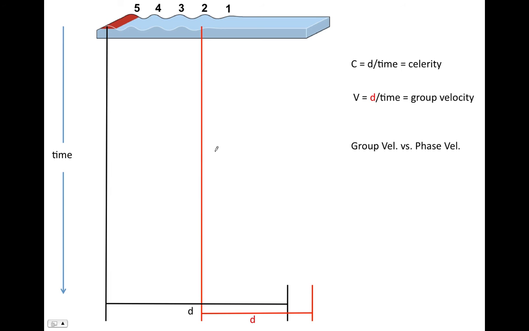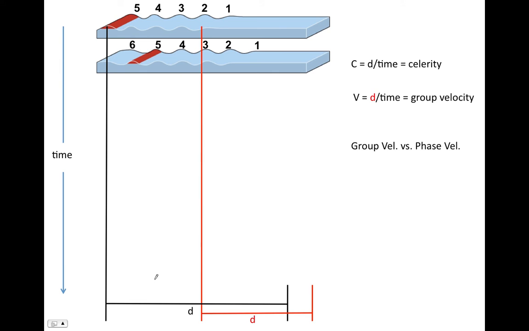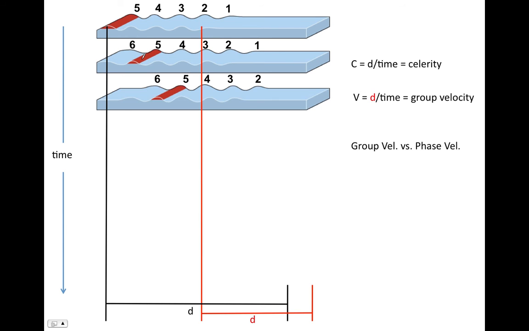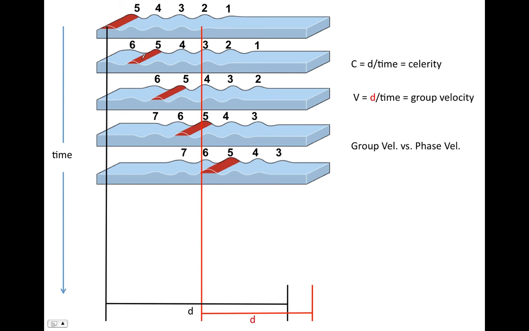So let's look. This red line marks the front of this wave train, and this black line marks the position of this individual wave, wave number 5, which is colored red. Each figure is a later snapshot in time as we go down. Here we can see the wave train has advanced, as well as that individual wave within the wave train. And over time, they move forward.